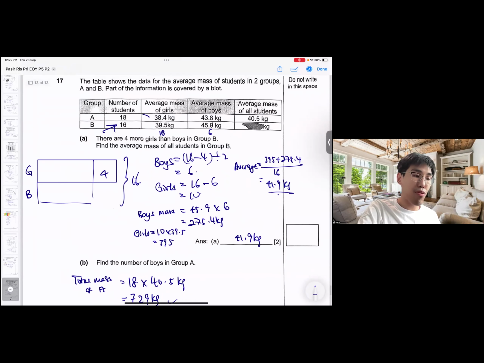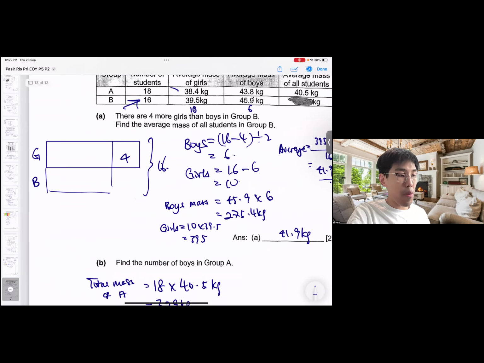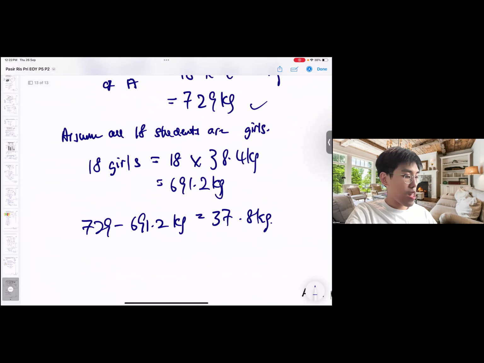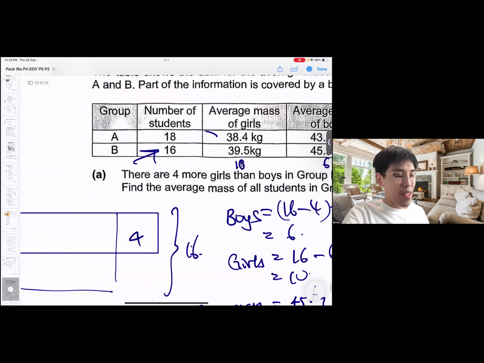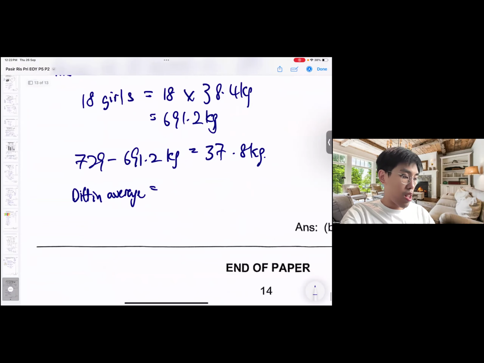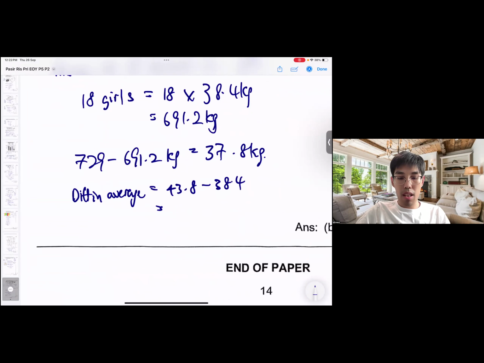That means we need to find the difference in the average mass of the boys and girls. So we take 43.8 minus 38.4. I forgot the number again. 43.8, 38.4. I'll get 5.4. So it's 5.4 kg.